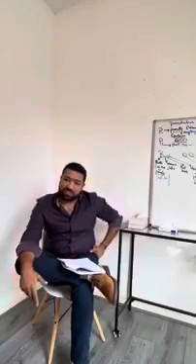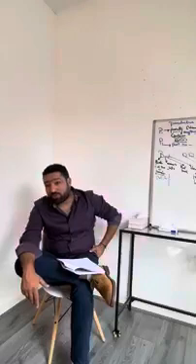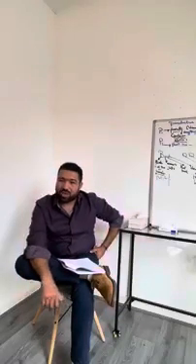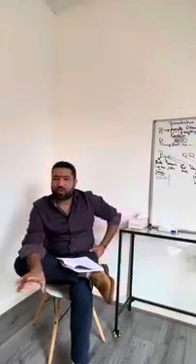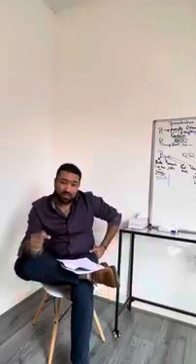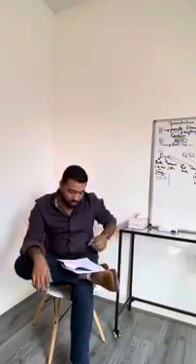Number four, if there are 3 or more episodes of vomiting. I'm talking about children or adults? Children. Because adult is something else, it is 1 or more than 1. Adult is more than 1. Children 3 or more.